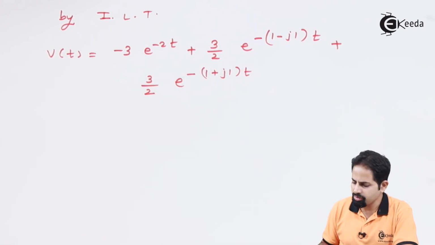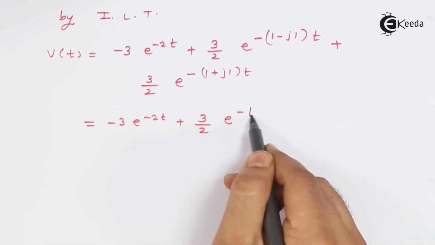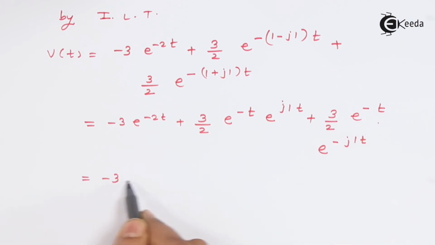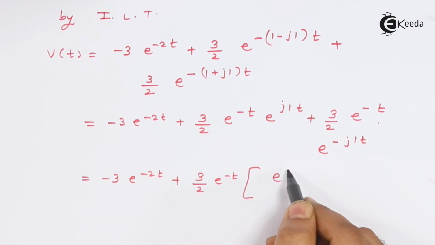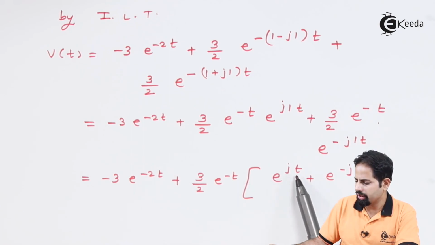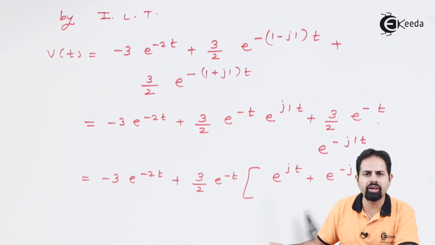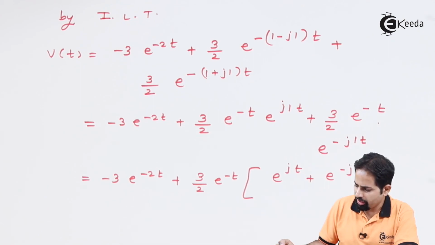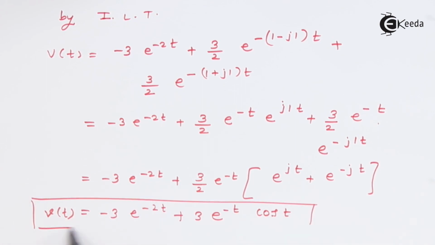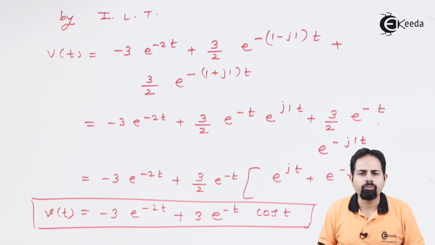Now we can combine these terms, and it is going to be e raised to j theta plus e raised to minus j theta divided by 2, and that 2 is already here. So that is our final answer as far as V of t is concerned. So that's it. The problem is over now.